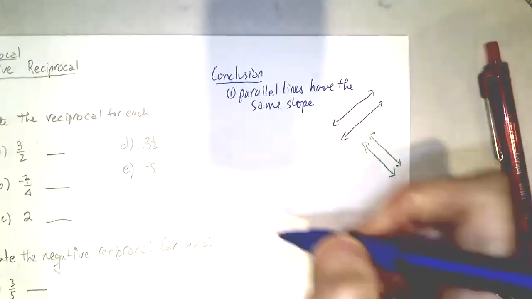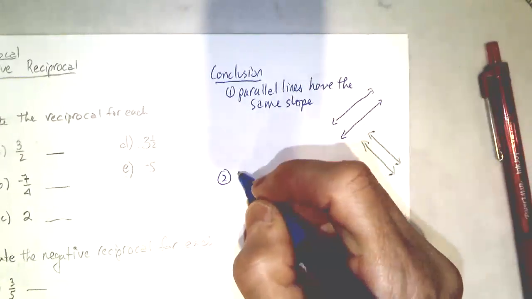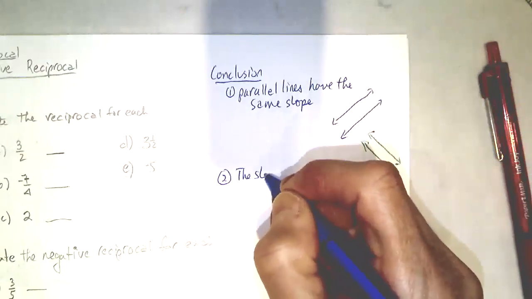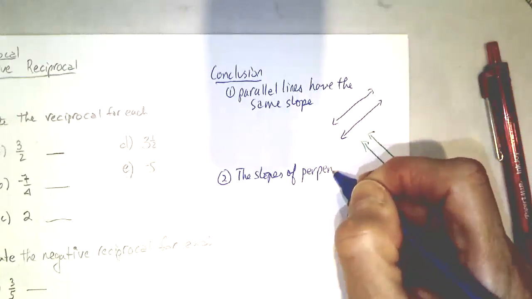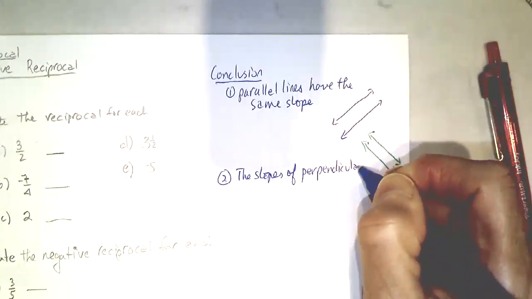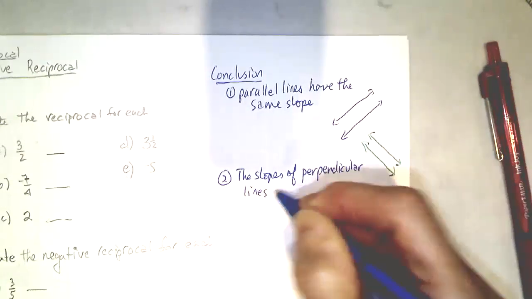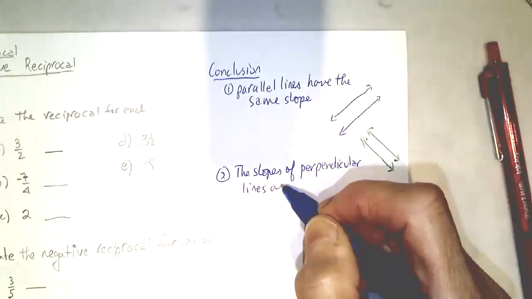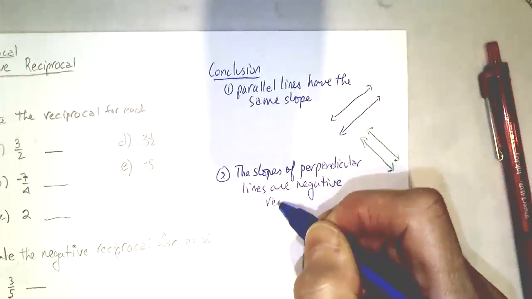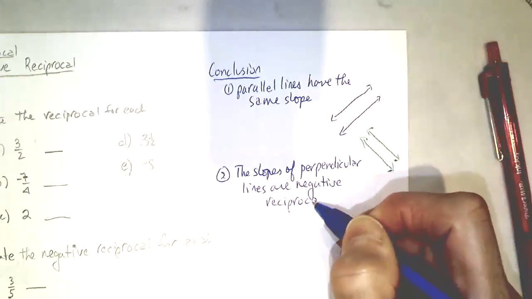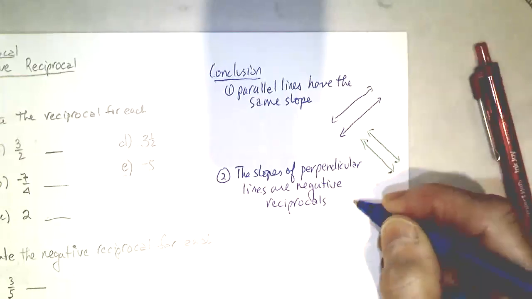And the second conclusion is that the slopes of perpendicular lines, if you have two lines and you know they're perpendicular, are negative reciprocals.